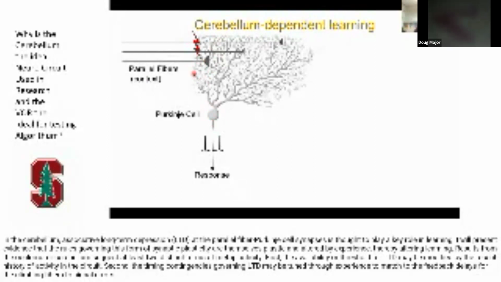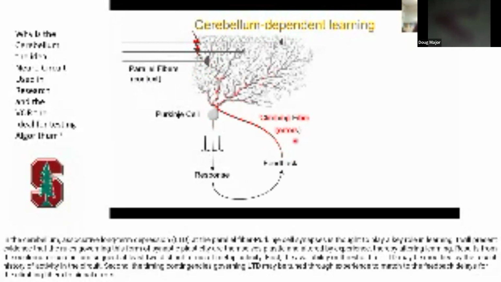And the plasticity at these synapses is under the control of the climbing fiber input to the cerebellum. If you record in vivo, the climbing fibers seem to encode errors. Sometimes they encode other things as well, but in many contexts they seem to encode errors.